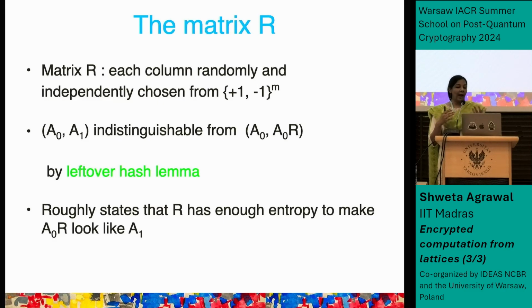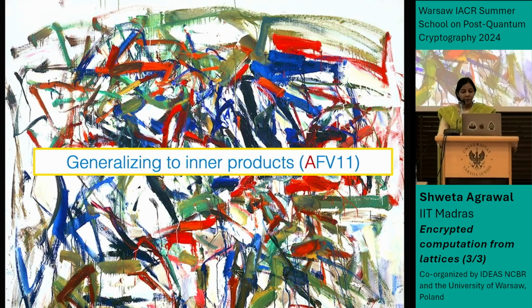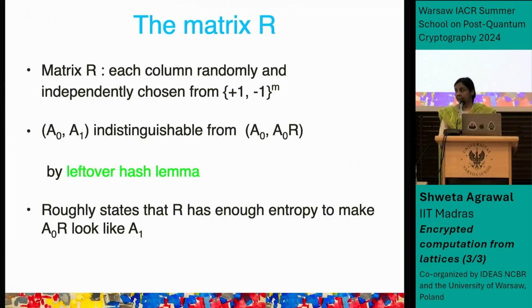By the leftover hash lemma, A0R looks random. LHL roughly says that R has enough entropy to make A0R look like A1. We already saw this in depth yesterday. Are there any questions?